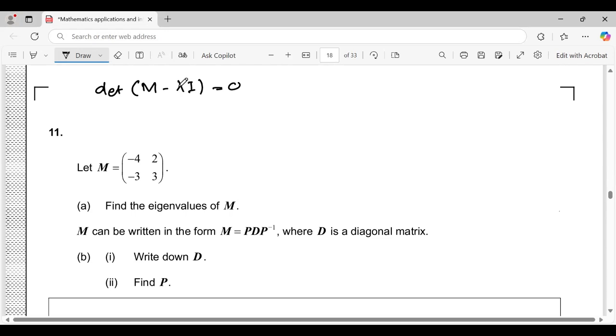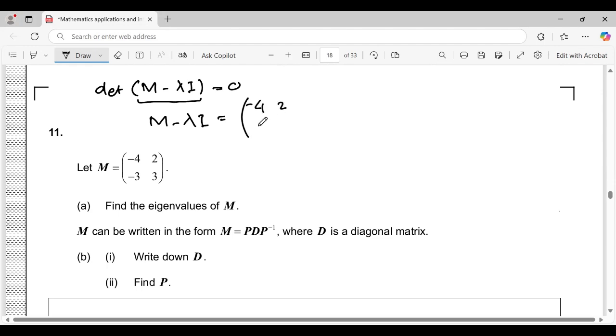Lambda is the eigenvalue and I is the identity matrix. So we start by calculating M minus lambda I.